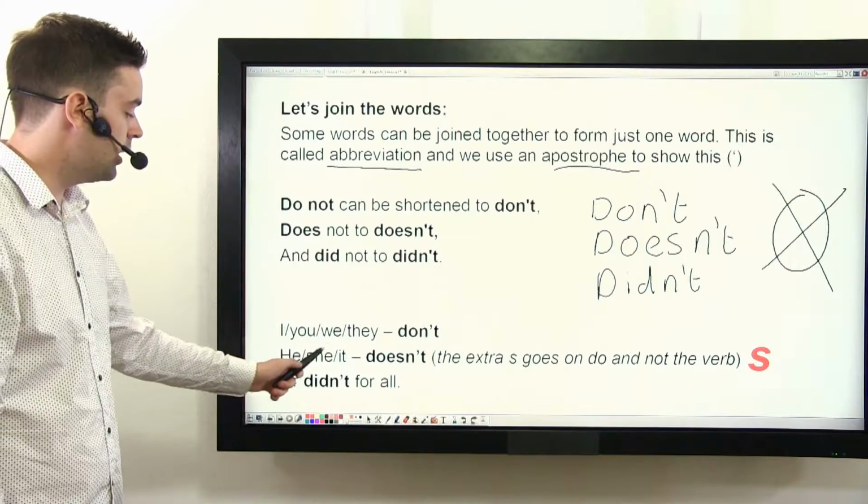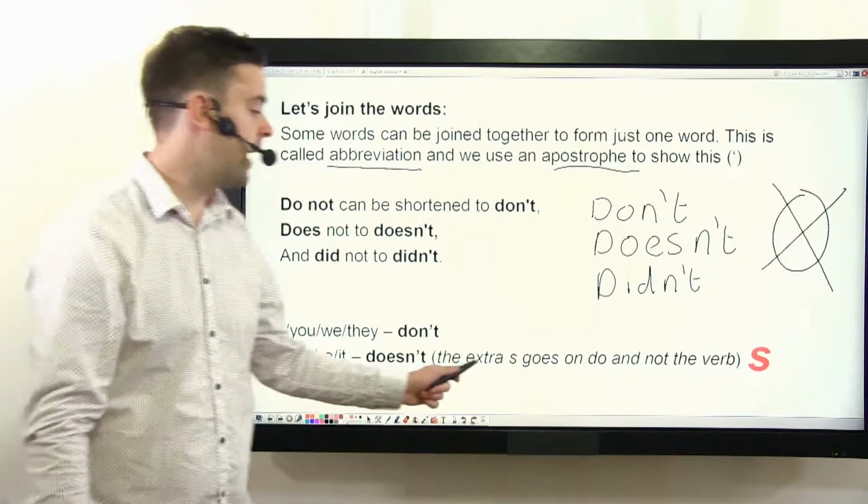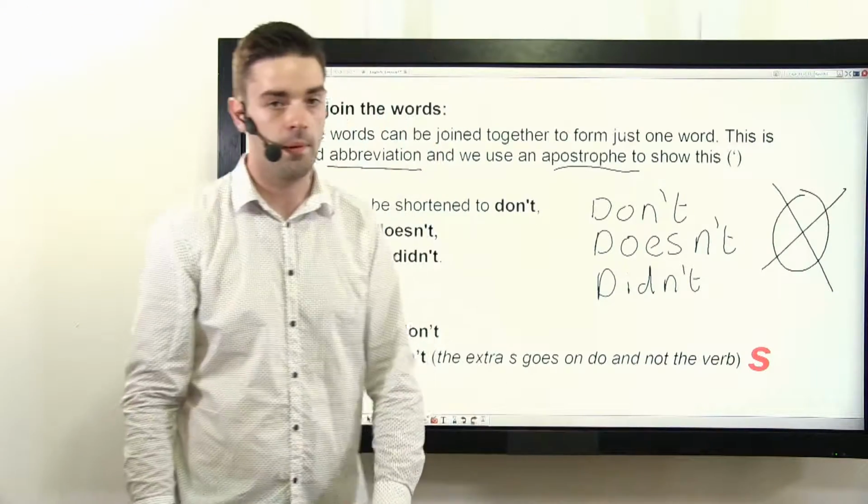If it's he, she, it, it's doesn't. The extra S goes on do and not the verb.